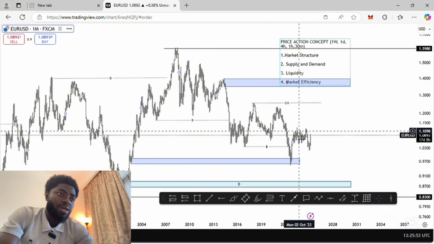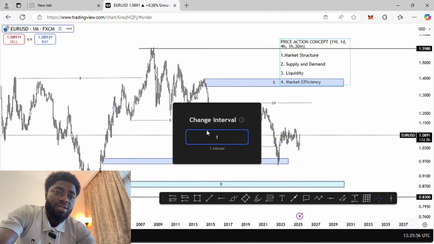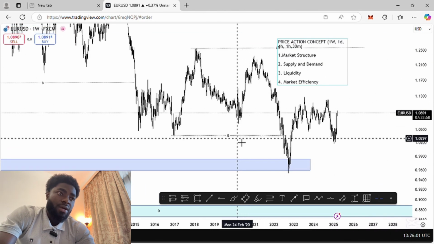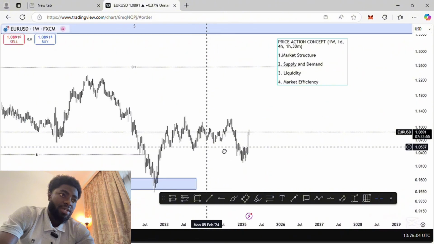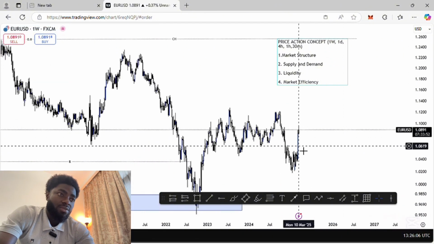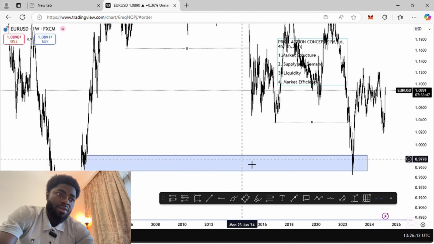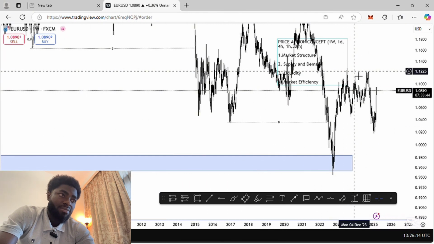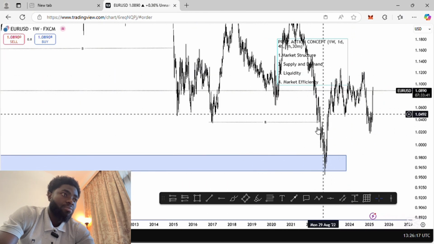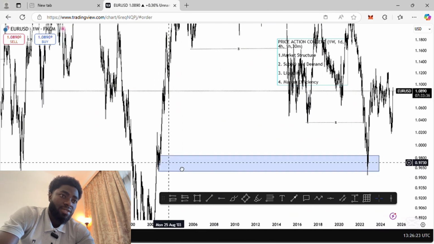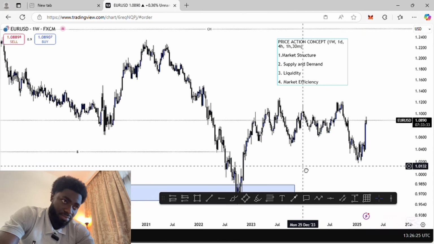So going down to the lower time frame, which is like scaling down, we have a break of structure here. Let's focus on what price is doing inside this area. Okay, so if you don't know why we have this massive push to the upside, it is as a result of this consolidation zone here.